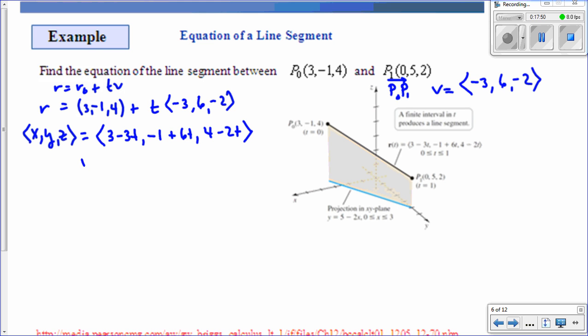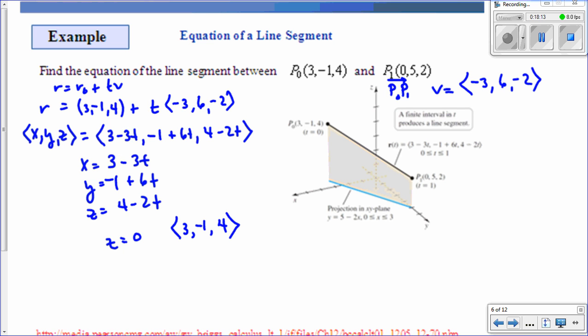Notice, looking at the parametric equations, x equals 3 minus 3t, y equals -1 plus 6t, and z equals 4 minus 2t. When t is equal to 0, we actually have the point (3, -1, 4). When t is equal to 1, we'll have (0, 5, 2), which is the point P₁.